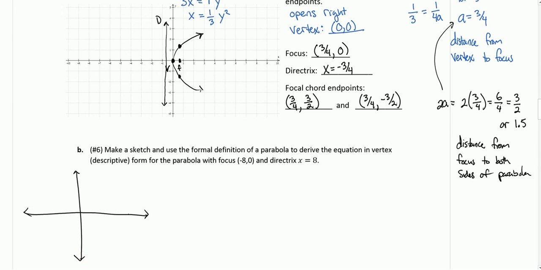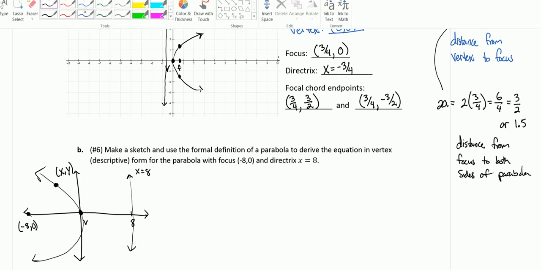So x equals 8. That's a vertical line going through 8 here. And focus is at -8, 0. So over here, -8, 0. So our vertex is at 0, 0. And it's opening towards the focus. Pick a generic x, y value here.